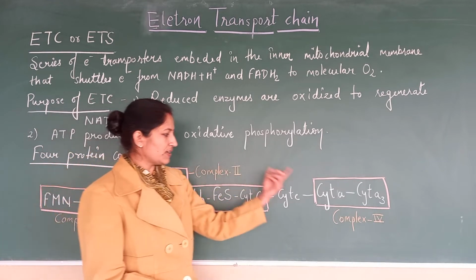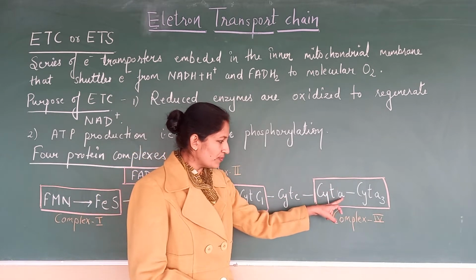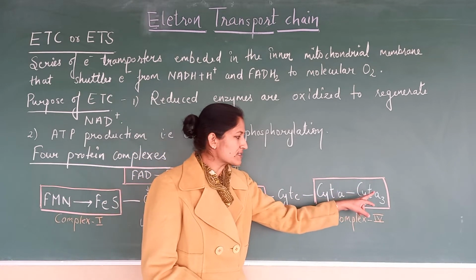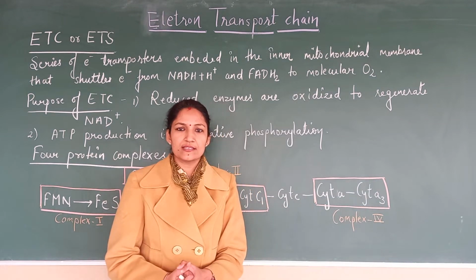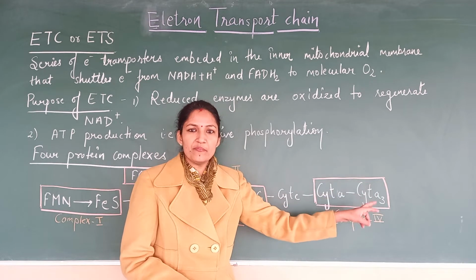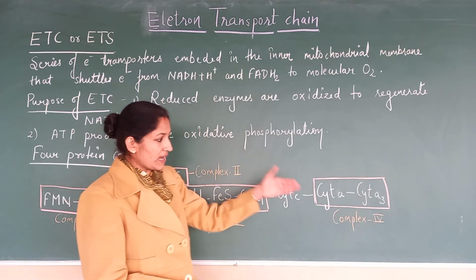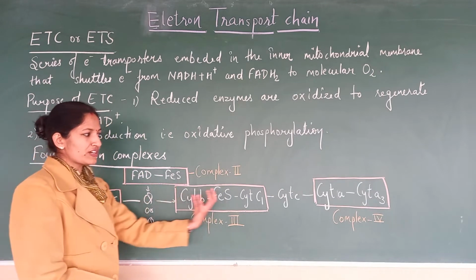Then the electron will come to cytochrome C, cytochrome C2, cytochrome A, and at the last cytochrome A3. This is cytochrome oxidase A3, which is very important, which is going to transfer the electron which it has taken from the previous transporters.